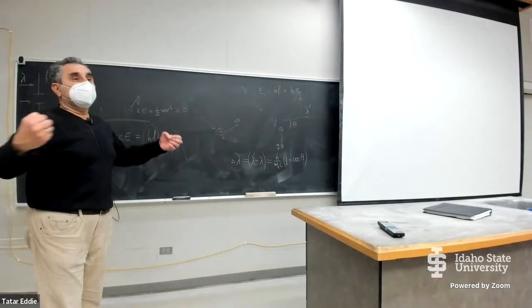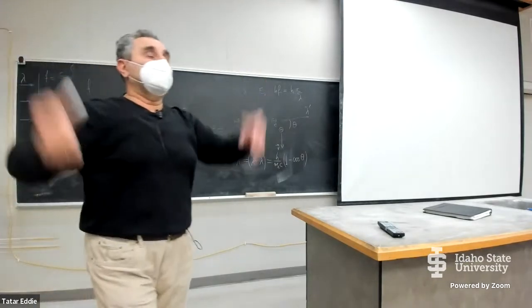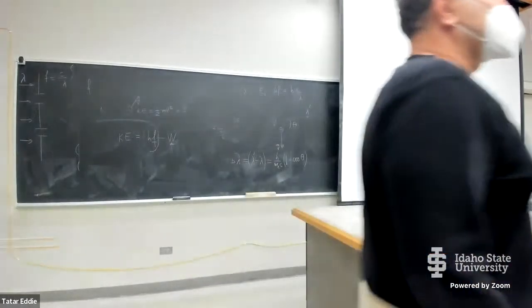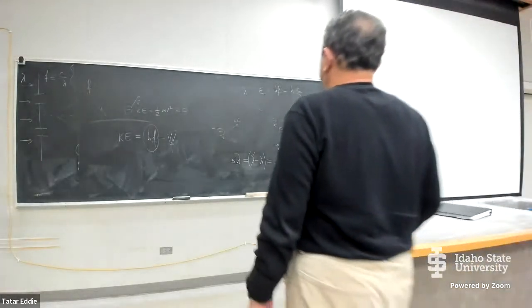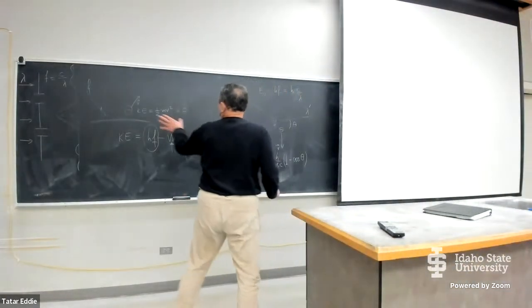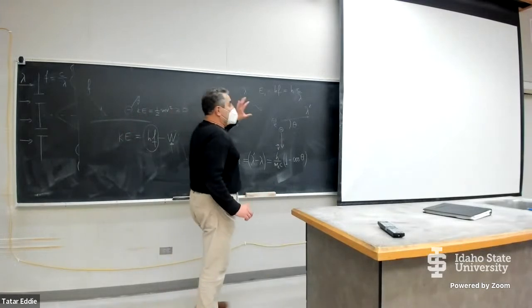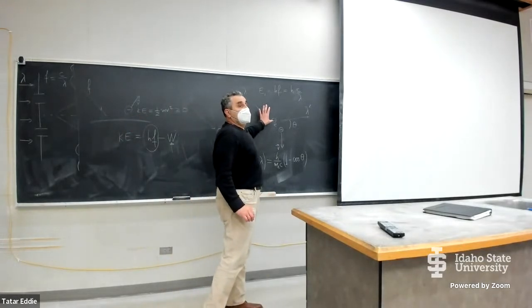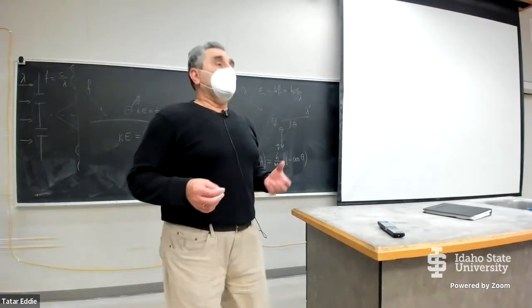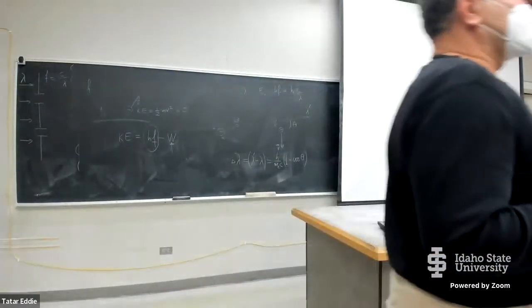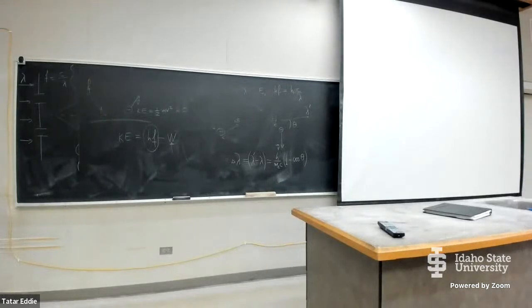Just like two balls colliding and flying in different directions, colliding elastically. So you cannot explain the photoelectric effect, and you cannot explain the Compton effect if you think about light as an electromagnetic wave. You have to think about light in terms of particles.